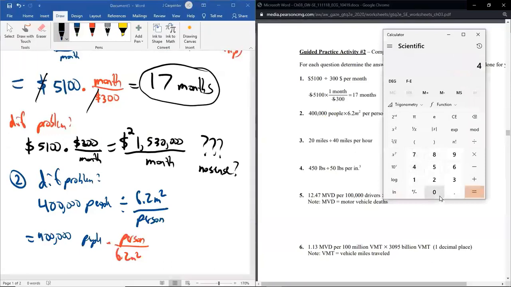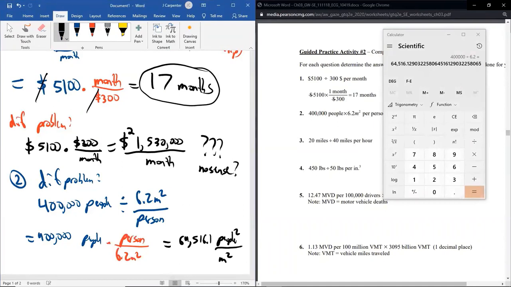So we take the 400,000, we divide it by 6.2, and that number, let's just round to the nearest tenth, is 64,516.1. The people and the person, let's just say that's people, so that's people squared, and then on top of meters squared.